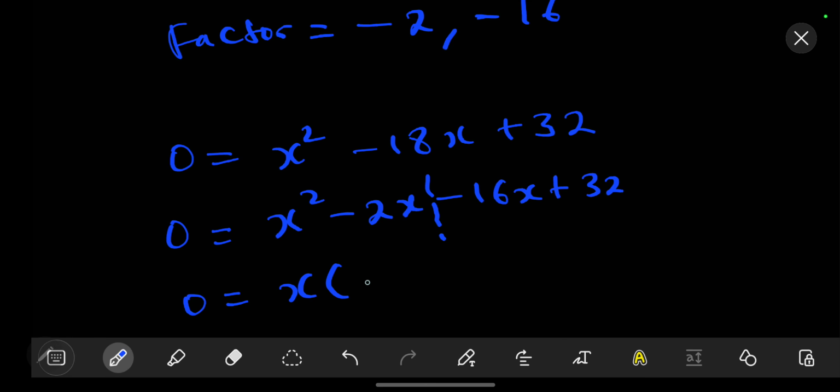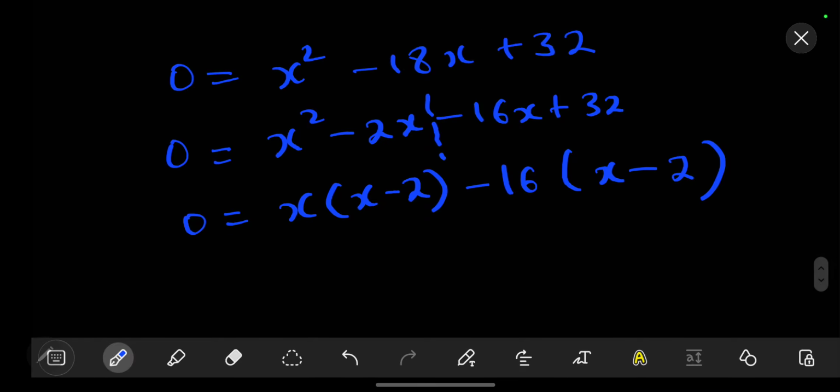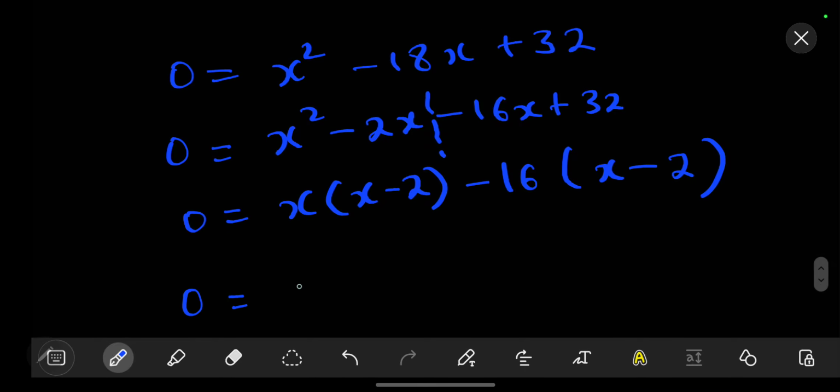So we are factorizing in parts. So we are remaining with x minus 2. Then we have minus 16 is common. Then we are going to remain with our x minus 2, like that. So this is 0 should be equal to, we have our x minus 16. We also have another bracket, which is our x minus 2.